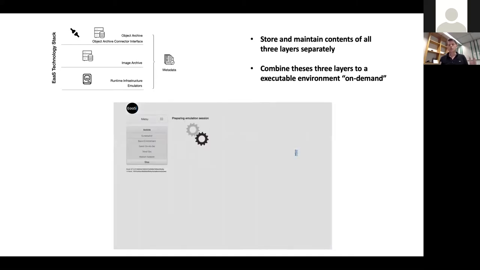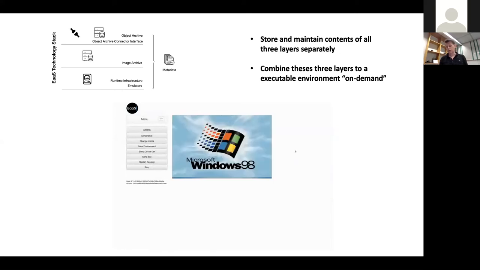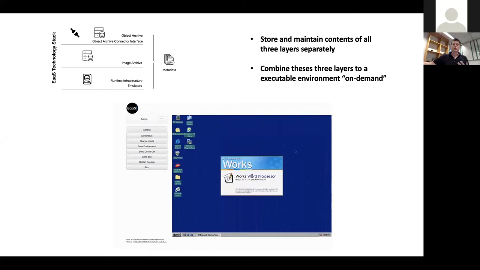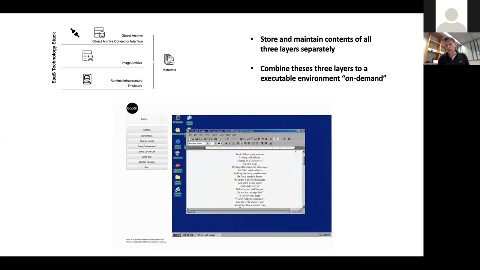And we combine these layers based on the technical metadata we have, on demand. So here comes the as a service part. Given the metadata, we can reenact the whole stack. In this example, we run an emulator with a pre-configured Windows 98 and pull a user uploaded object from the object repository, all on demand and in a distributed fashion.